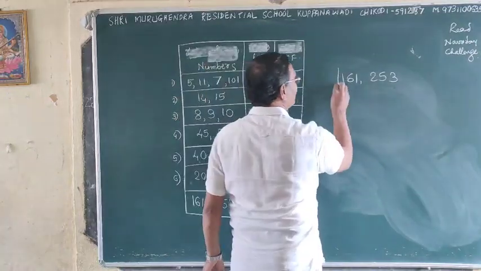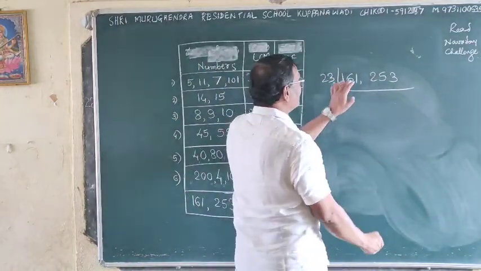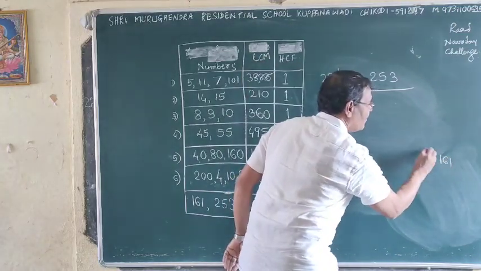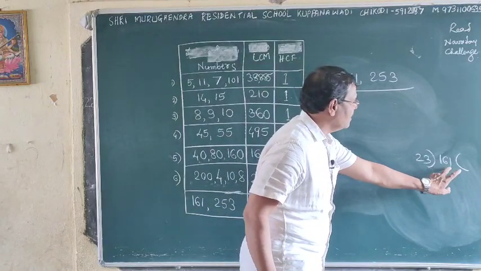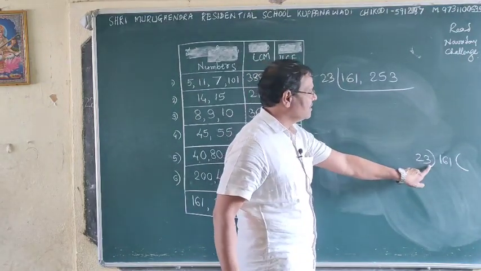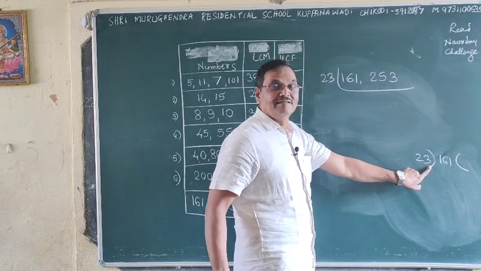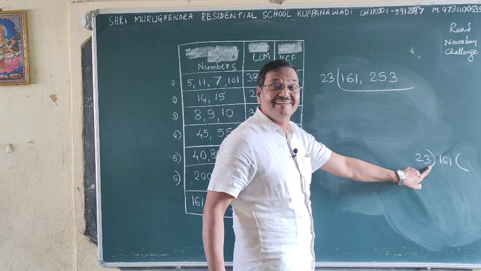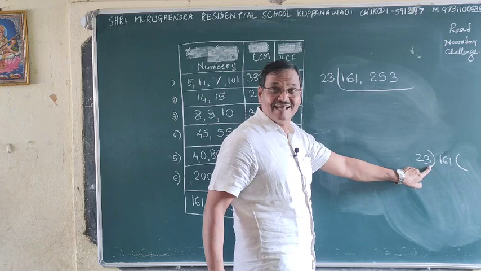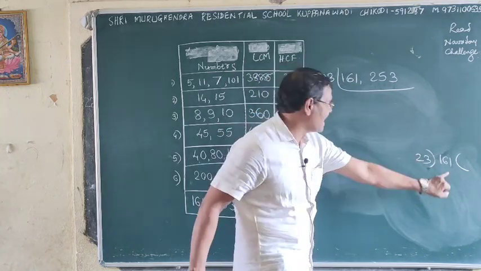See, we can take it by 23, prime number it is. 161 by 23. 23 last one means here it should be multiplied by 7. 3 1s are 3, 3 2s are 6, 3 3s are 9, 3 4s are 12, 5s are 15, 6s are 18, 7s are 21, last one.